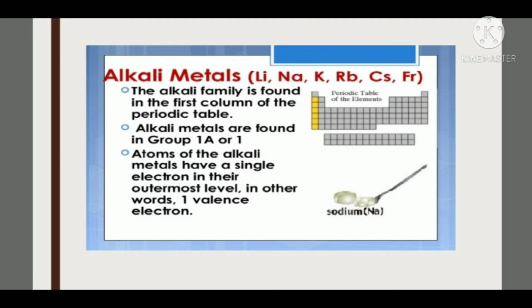Atoms of the alkali metals have a single electron in their outermost level, in other words, one valence electron. To complete the stable valence electrons, the alkali metal family needs 7 more valence electrons.